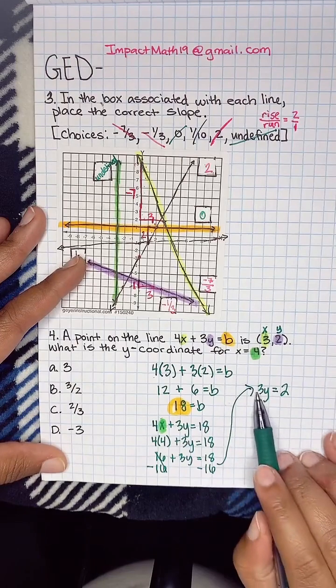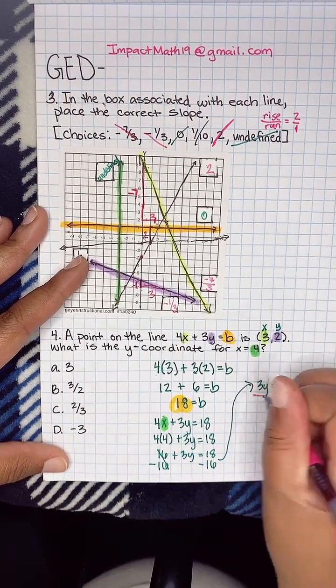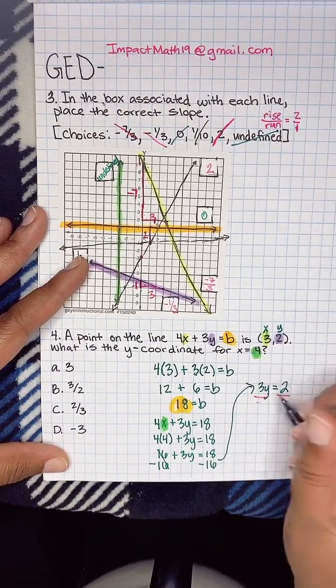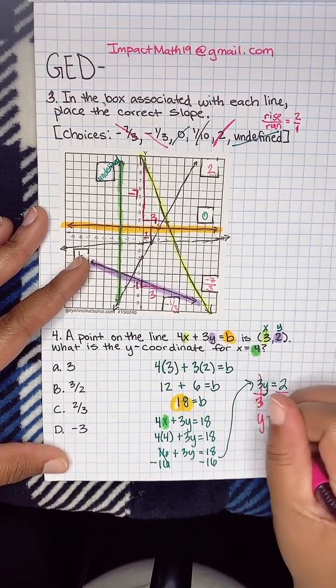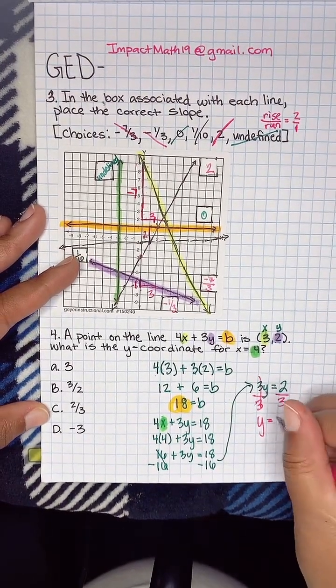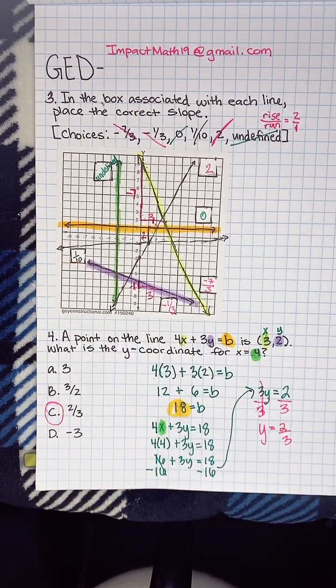And then whenever you have a number attached to a variable, they're multiplied, so we have to undo that. So we're going to divide both sides by what's with the y, which is 3. And y equals, wonderful, 2/3. So if you said your answer was C, good job.